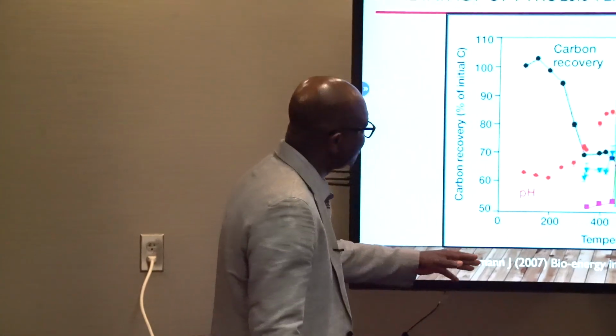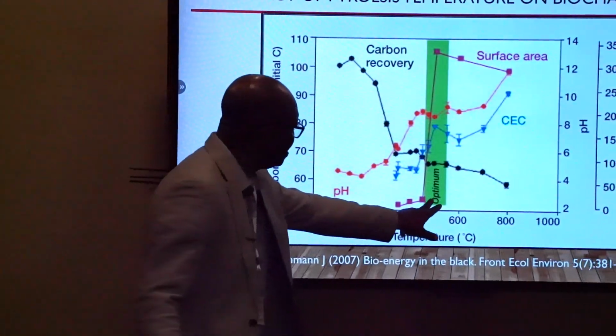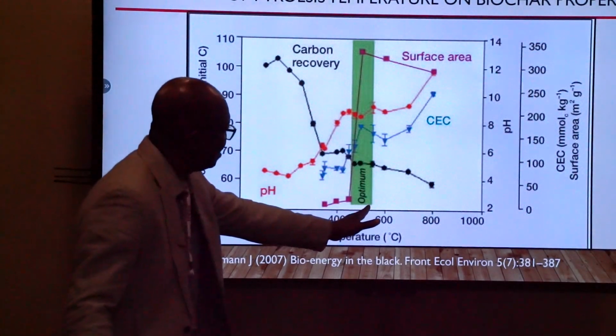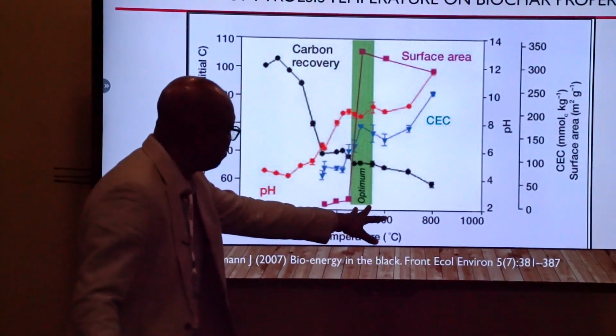We have this guy, Lehmann, and his colleagues, who also gave us an idea, because when it comes to biochar, at what temperature do you heat it? Do you just heat the biomass to any temperature and then make the product? But we have a blueprint that guides us, and that came out of the work done by Lehmann some time ago. They told us that if you have biochar in this green area, that's like a sweet spot for temperature between 400 and 600, somewhere around 500.